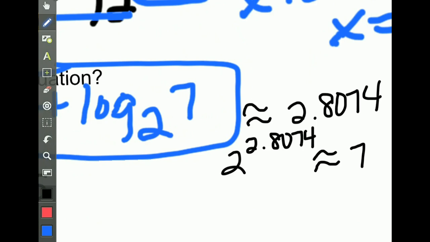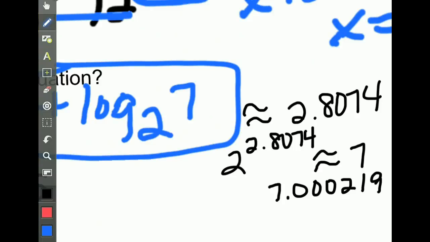When I do raise that 2 to the 2.8074, I get 7.000219. That's pretty close to 7. Close enough for me, right? It's helping you approximate the value of that logarithm.